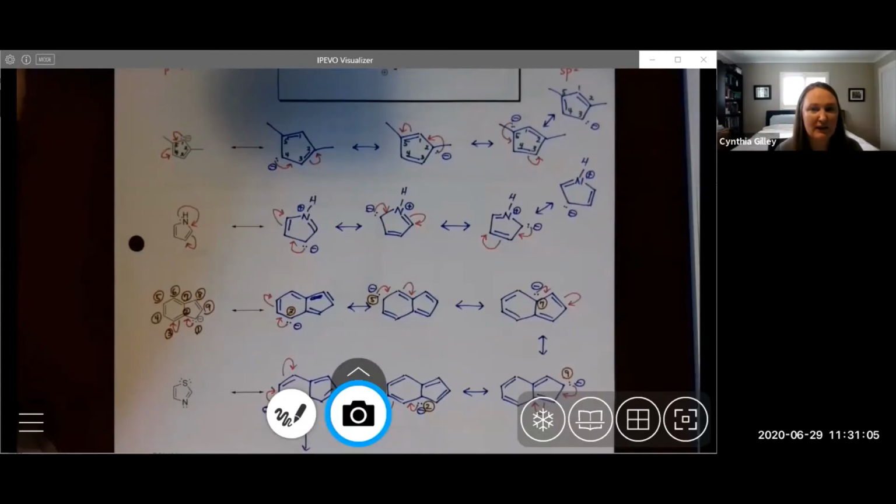So if we can delocalize that lone pair, it's in a p orbital because the electrons are delocalizing in p orbitals. That's what resonance is. Delocalization of electrons in overlapping p orbitals. So I want everyone to recognize that that lone pair that we started with in those last 3 examples are all in the p orbital.